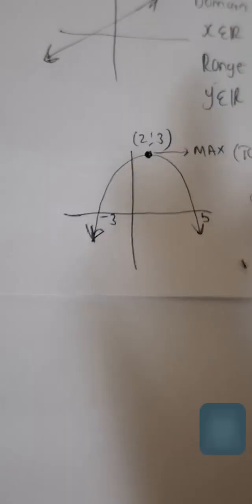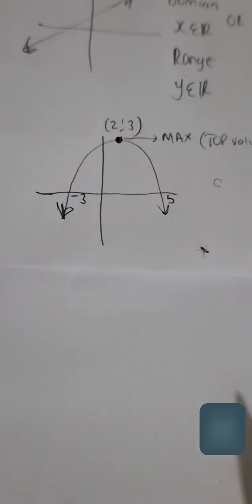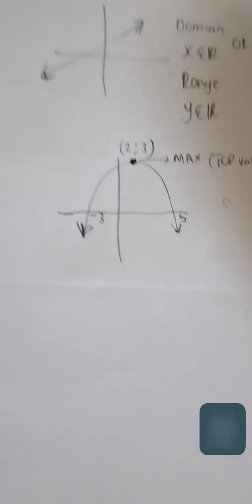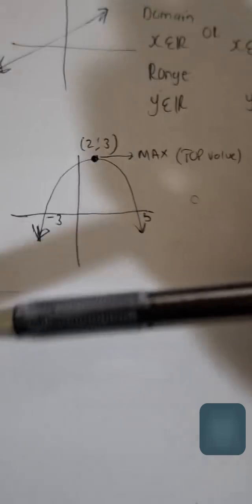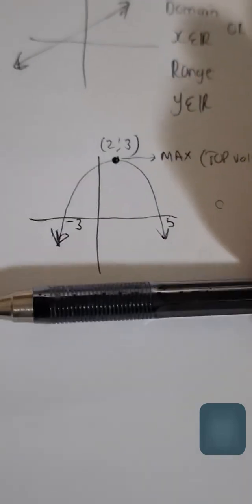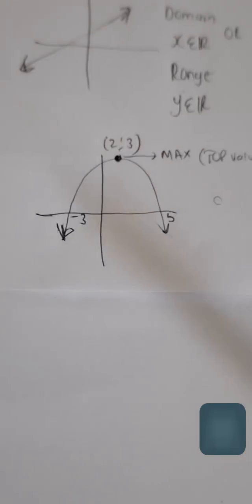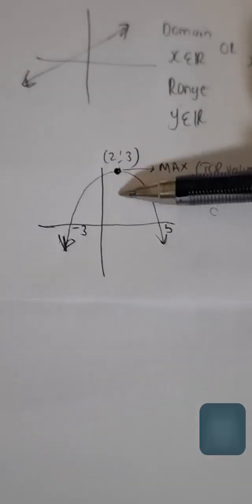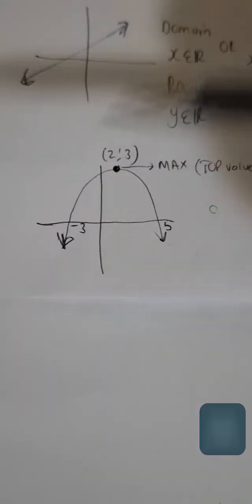So if we are speaking about the range of this function, where is this function existing range-wise? Range is from the bottom to the top. Look at these arrows. These arrows are both going down.